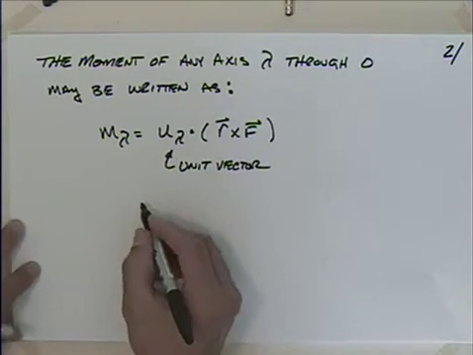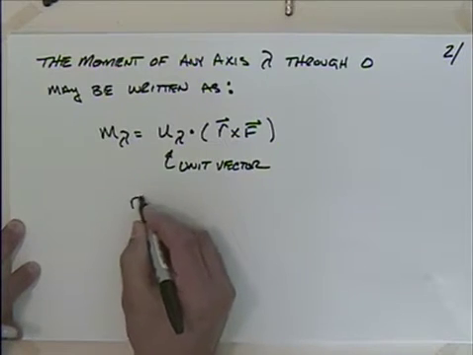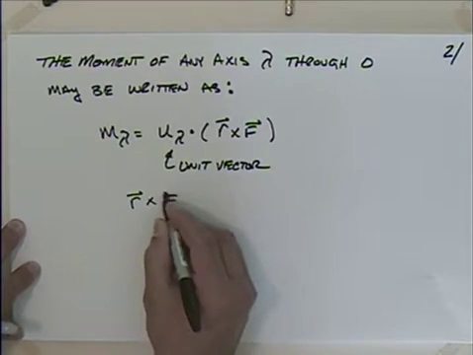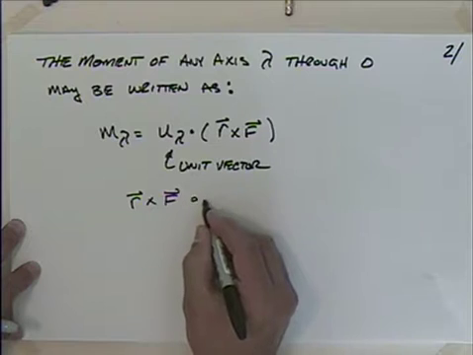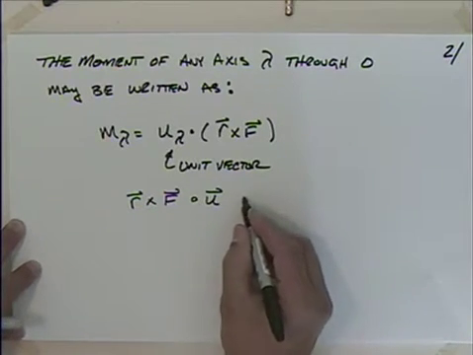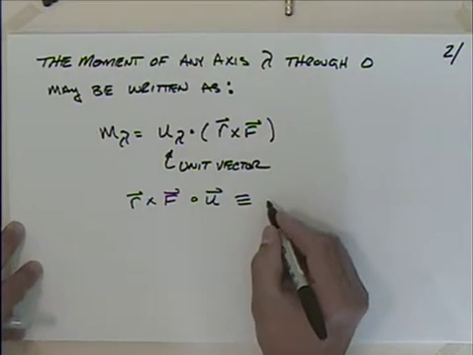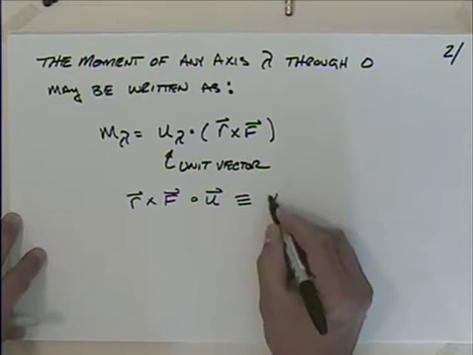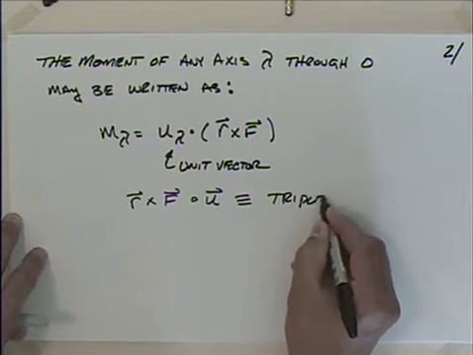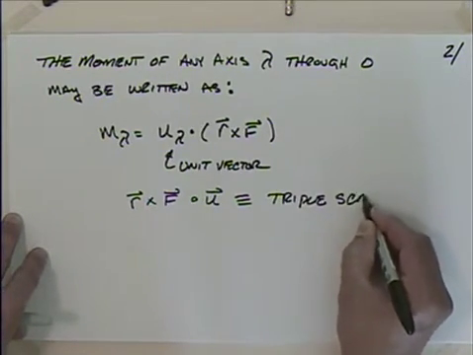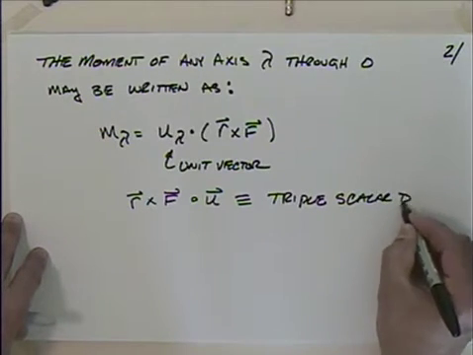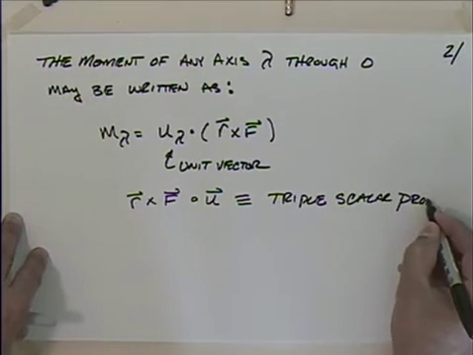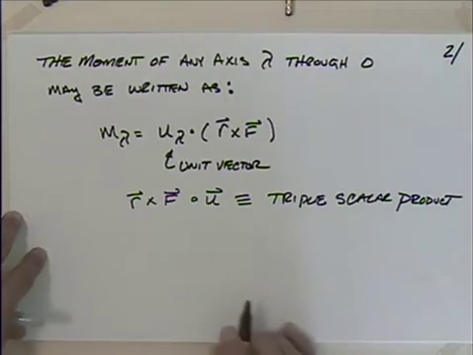Now this has kind of an interesting name. If we take R and we cross it with F and then we dot it with the unit vector, this is defined, and you probably see this in your math book, as a triple scalar product. Which is kind of interesting.